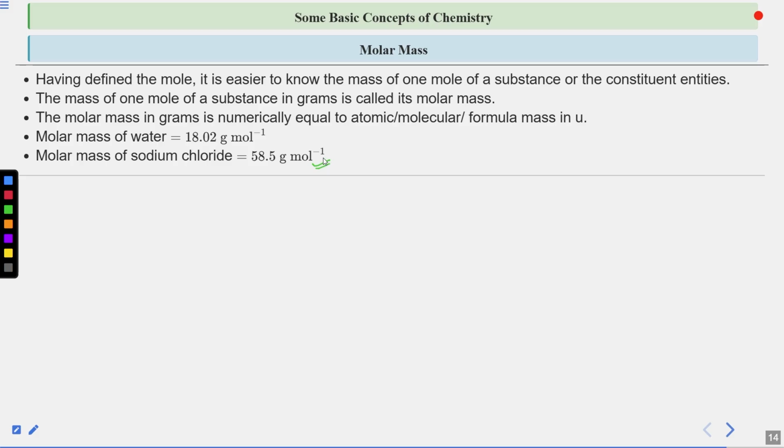It is 58.5 u. I hope you got the point here. We are simply changing the unit. And this mass is for 1 mole of water, and this mass is for 1 mole of sodium chloride. Hence it is called molar mass.